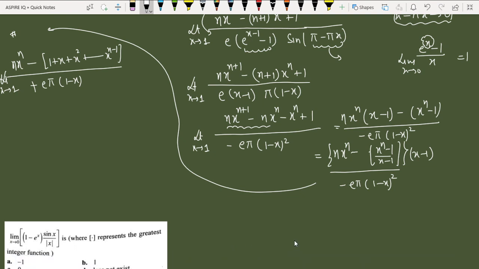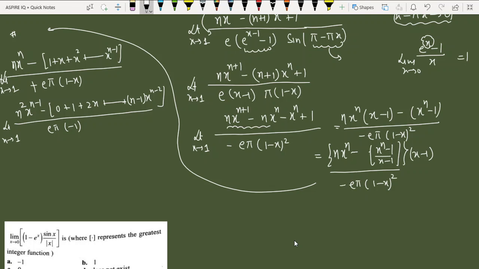So this is still 0 by 0 form, so I simply use L'Hospital: n^2 x^(n−1) − 0 plus 1 + 2x up to (n−1) x^(n−2), and in the denominator e to the power π minus 1.